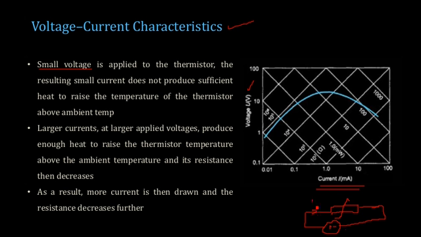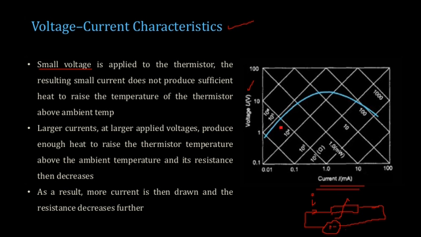and some current will be flowing, and this current will be very small initially because the temperature of the thermistor is not changing. It is almost constant, and the voltage is slowly increasing, and it acts as a normal resistor, and the current is also increasing.